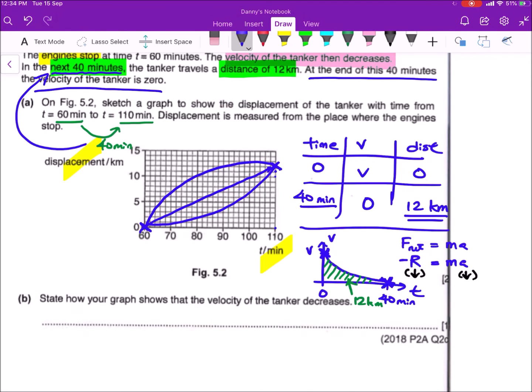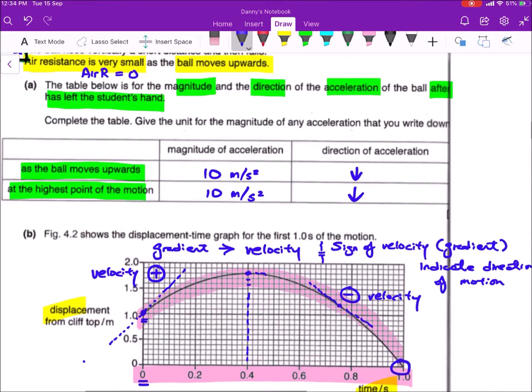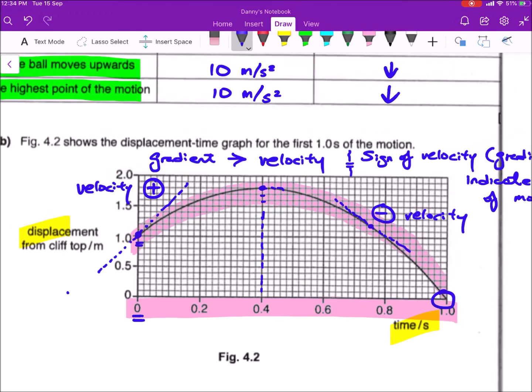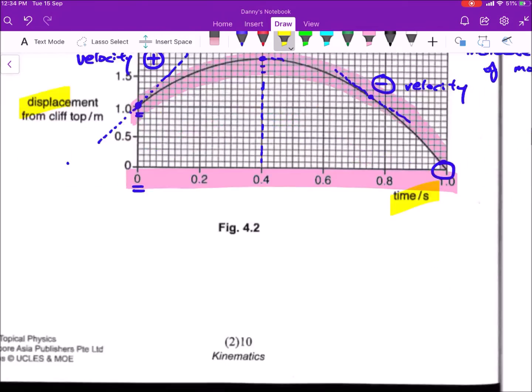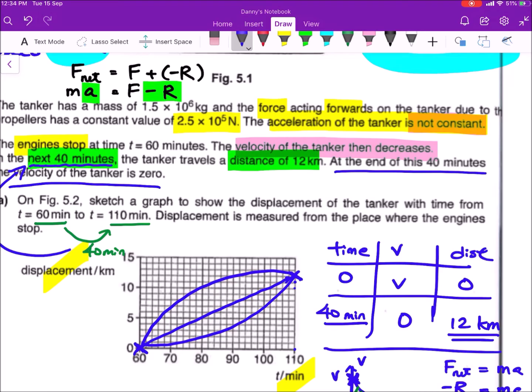What we know from the previous question, if you scroll up, is that in a displacement time graph, the gradient is actually the velocity, right? So let's go back down. We'll copy the same thing. I know that the gradient is telling me the velocity, and from the context of the question, I can see that the velocity is dropping.